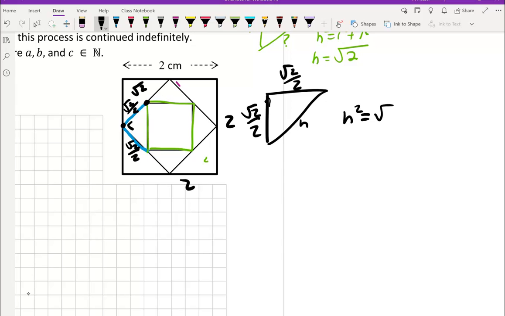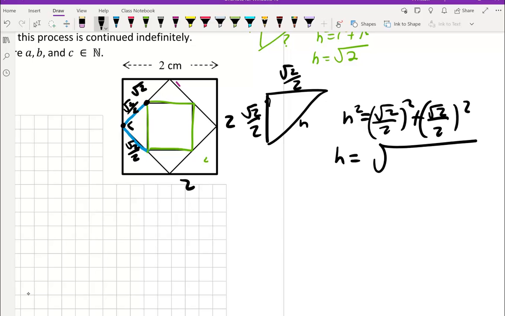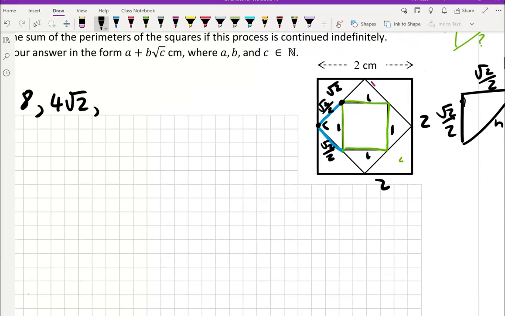The hypotenuse squared is equal to root 2 over 2 squared plus root 2 over 2 squared, which gives 2 over 4 plus 2 over 4, which equals a half plus a half, which is 1. The square root of 1, so h is equal to 1. So we get 1, 1, 1, 1, and the perimeter of the third square is 4.